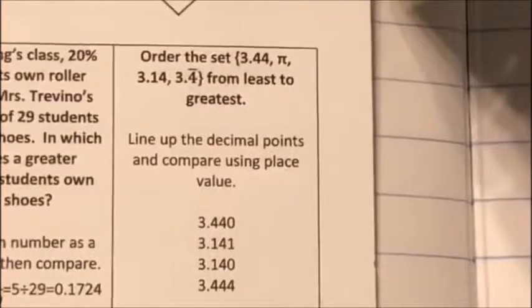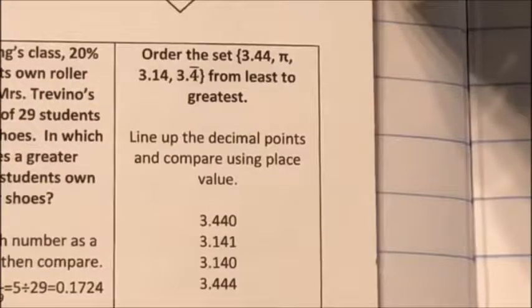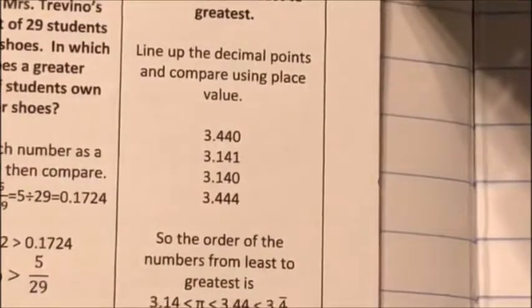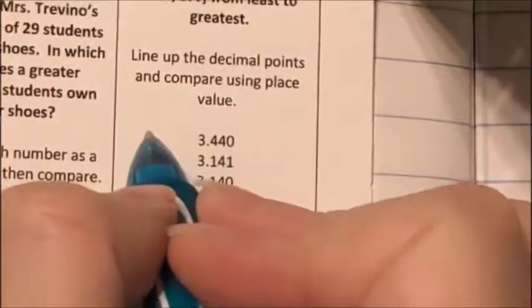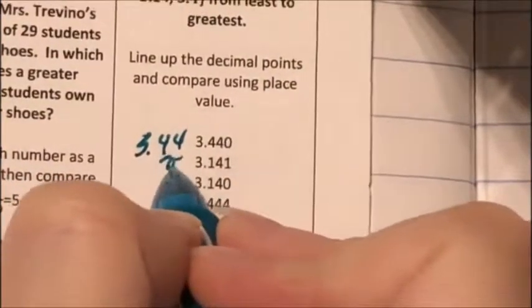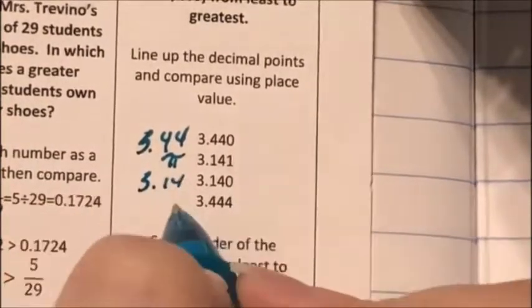The next thing I want to do is order the set 3.44, pi, 3.14, and 3.4 repeating from least to greatest. So I'm going to line up the decimal points and compare using place value. So this was originally 3.44. This was pi. This is 3.14.